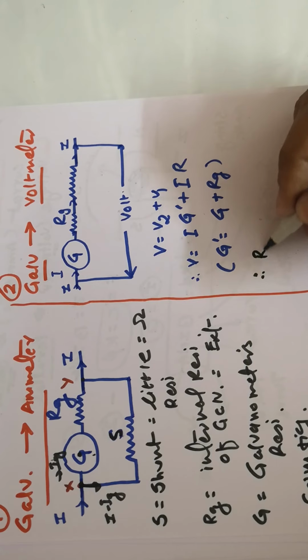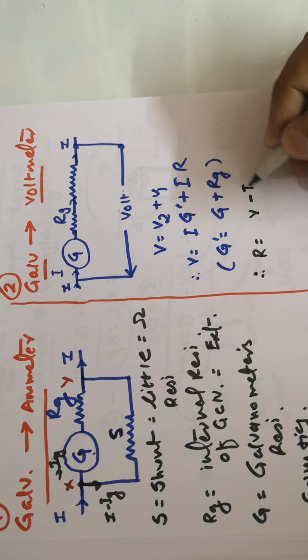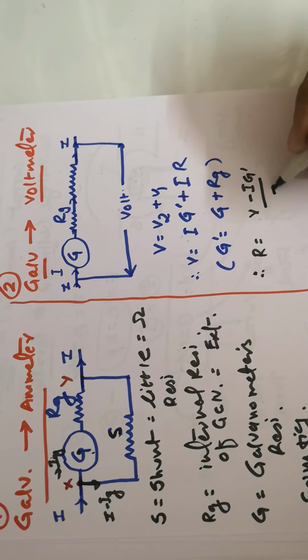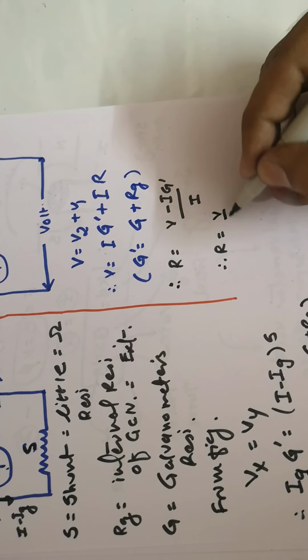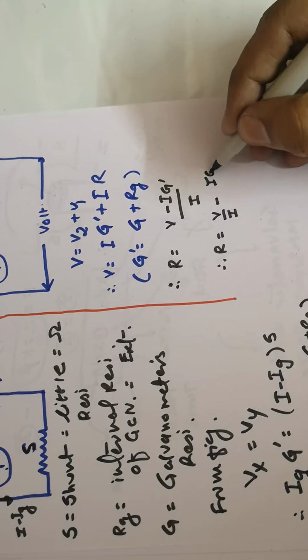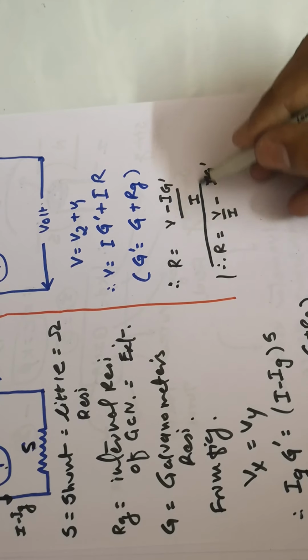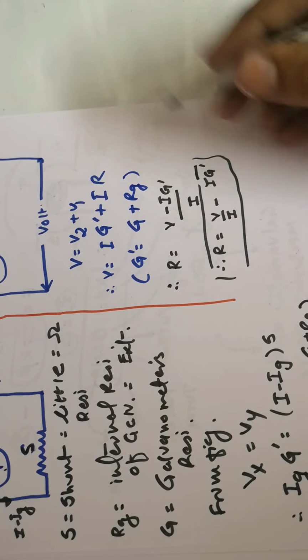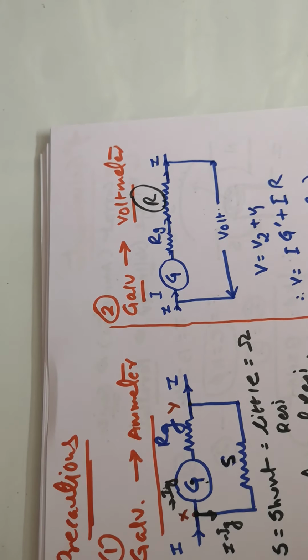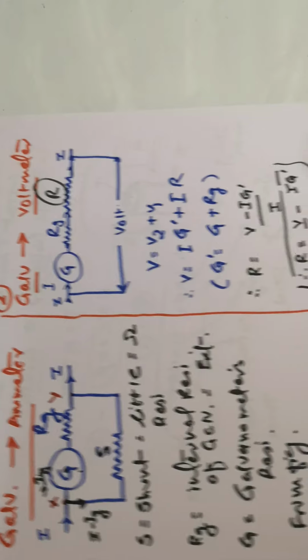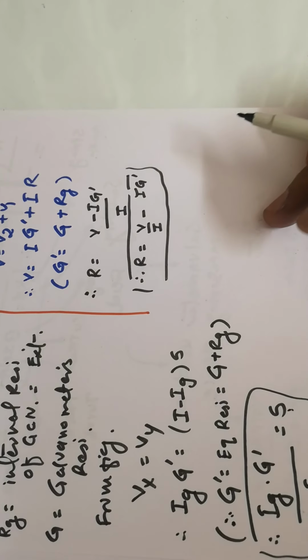I have to calculate the value of R. So R equals V minus Ig G dash divided by I, that is, R equals V by I minus G dash. This is the value of resistance I have to connect here, and after this calculation you can use your galvanometer as a voltmeter.